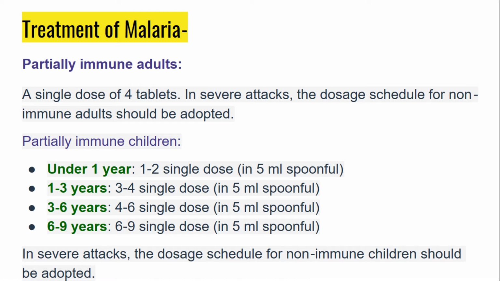Partially immune children: under 1 year, 1 to 2 single dose in 5 ml spoonful; 1 to 3 years, 3 to 4 single dose in 5 ml spoonful; 3 to 6 years, 4 to 6 single dose in 5 ml spoonful; 6 to 9 years, 6 to 9 single dose in 5 ml spoonful. In severe attacks, the dosage schedule for non-immune children should be adopted.